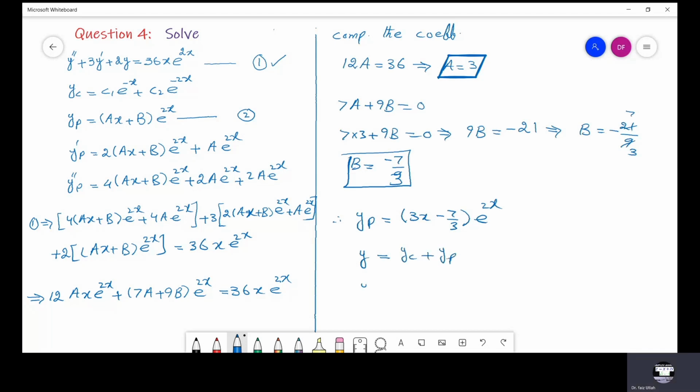Putting values, we have y is equal to c1 e power minus x plus c2 e power minus 2x plus 3x minus 7 by 3 into e power 2x, and that is the required solution.